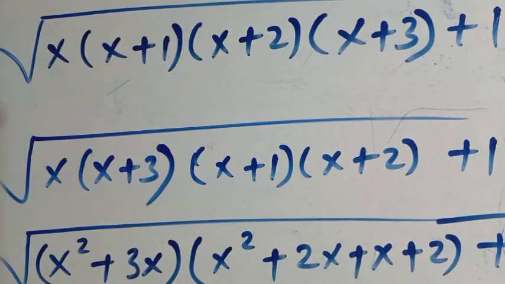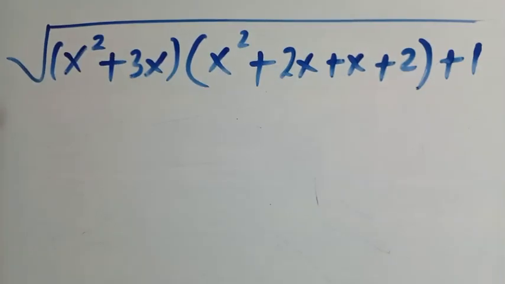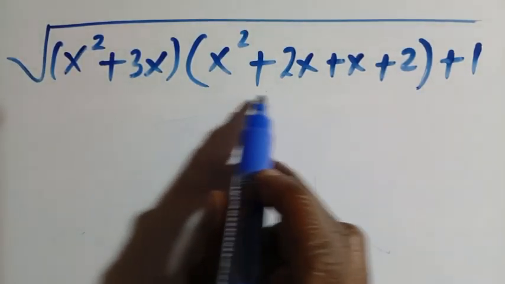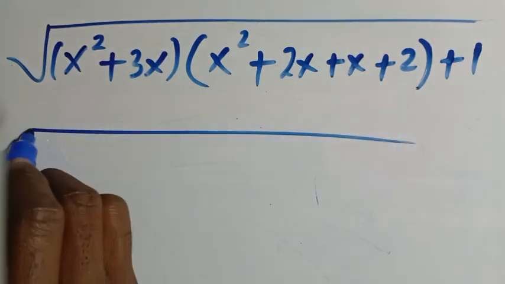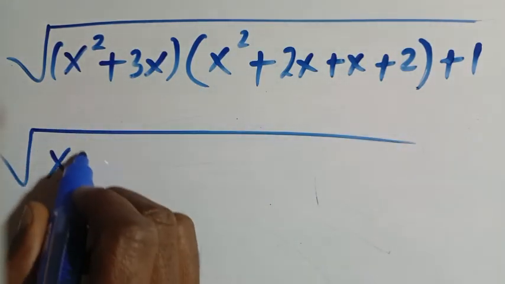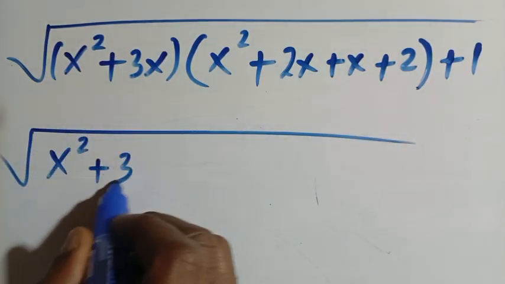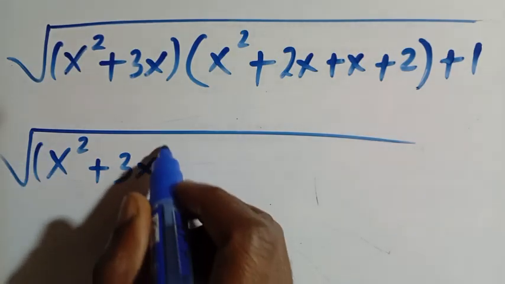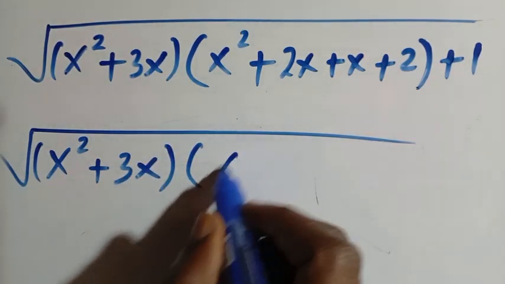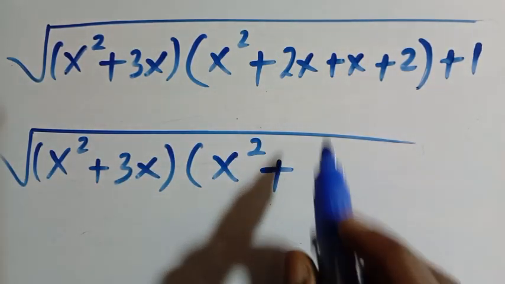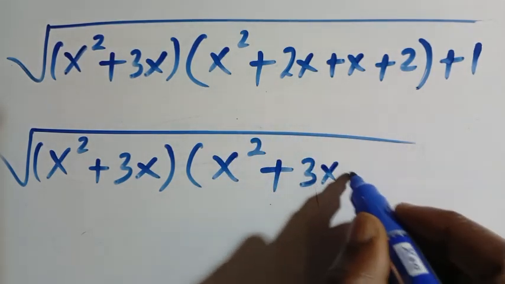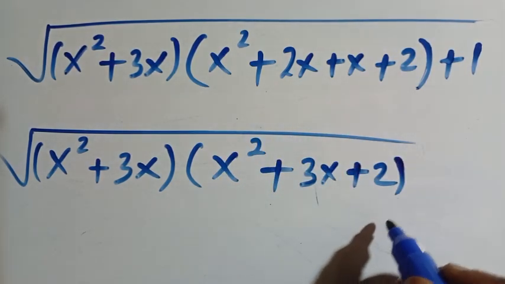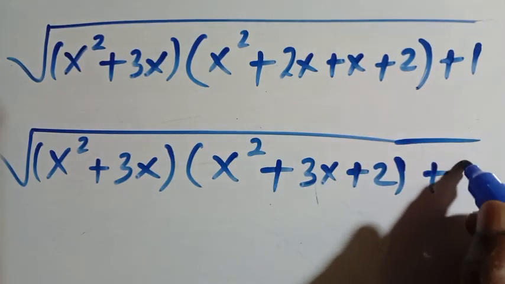So in the next step we have to evaluate this. Here we have the square root of x squared plus 3x multiplied by x squared plus 2x plus x, that is 3x plus 2, and then plus 1.